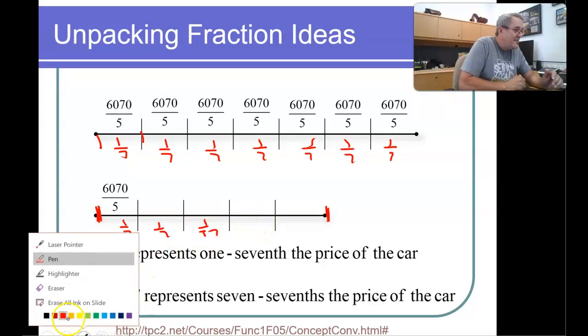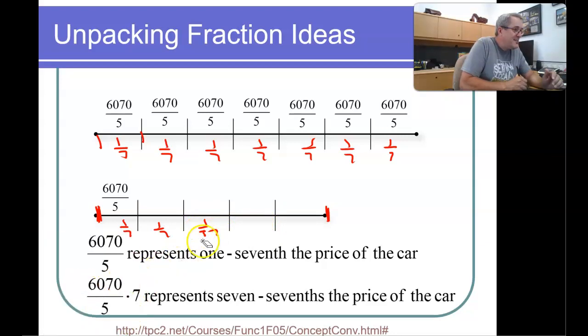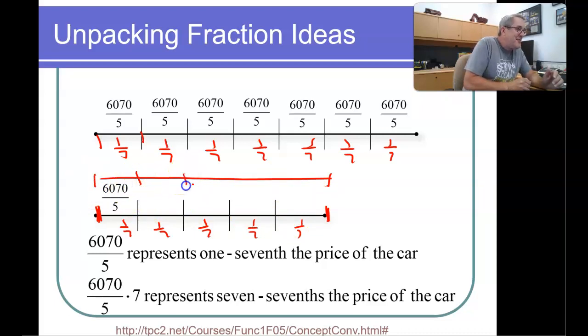Each one of these is a 1/7, but watch this. If you thought of this as the whole, and you cut that up into 5 equal pieces, remember we had 5/7, then this is 1/5.